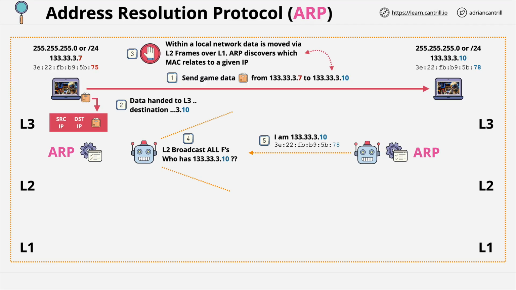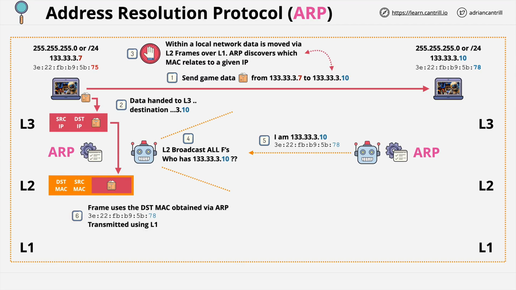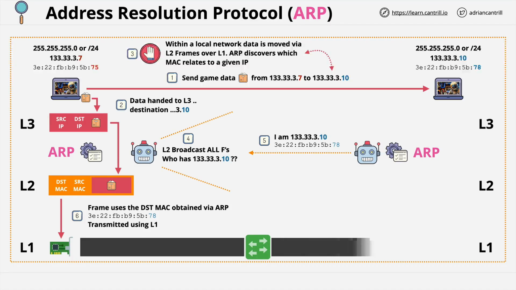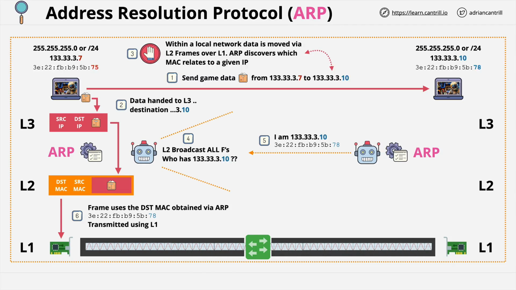So now the left laptop has the MAC address of the right one. Now it can use this destination MAC address to build a frame, encapsulate the packet in this frame, and then once the frame is ready, it can be given to layer 1 and sent across the physical network to layer 1 of the right laptop. Layer 1 of the right laptop receives this physical raw bit stream and hands it off to the layer 2 software also on the right laptop.